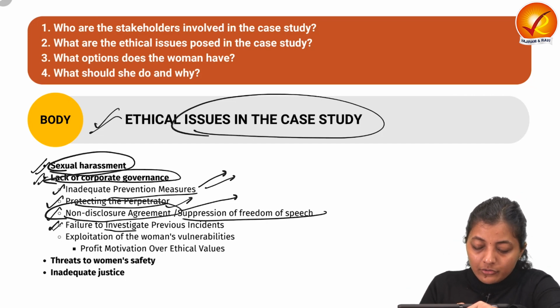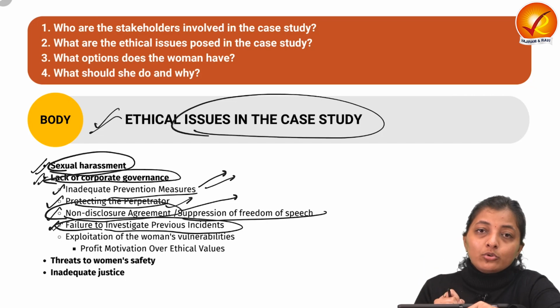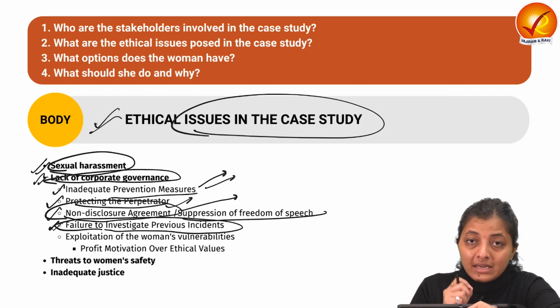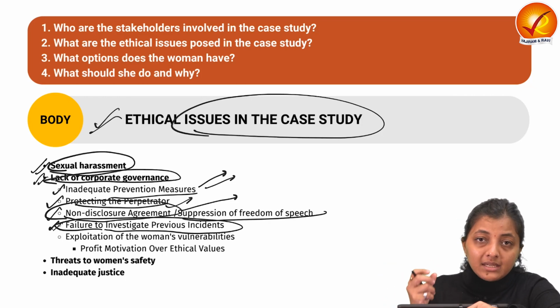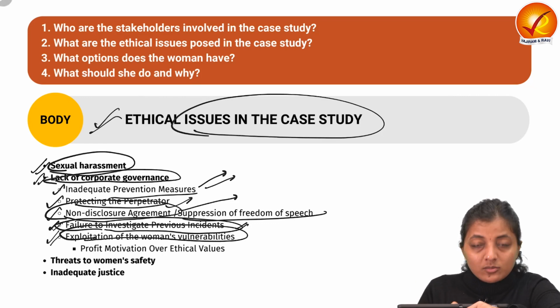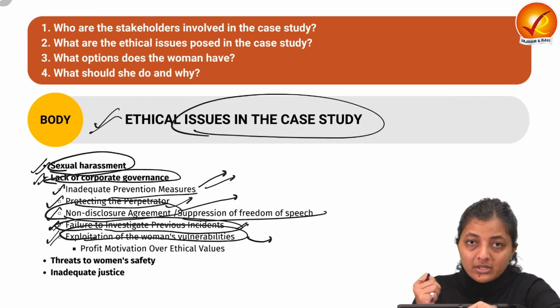Then failure to investigate previous incidents. They are paying the huge amount to the woman. It means they know about previous incidents like this that have happened in the past, and they are covering up because of the high money-making capacity of that executive. Then exploitation of the woman's vulnerabilities, because they know that the woman is the sole earner of the family.